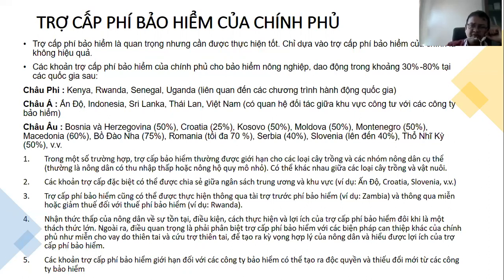These are usually food crops, but of course some cash crops are also in scope sometimes, and they are also generally means tested. Like in Vietnam, as well as the comment from the regulator earlier, usually in other countries as well, the premium subsidies are means tested, or they're focusing more on the low income farmers.